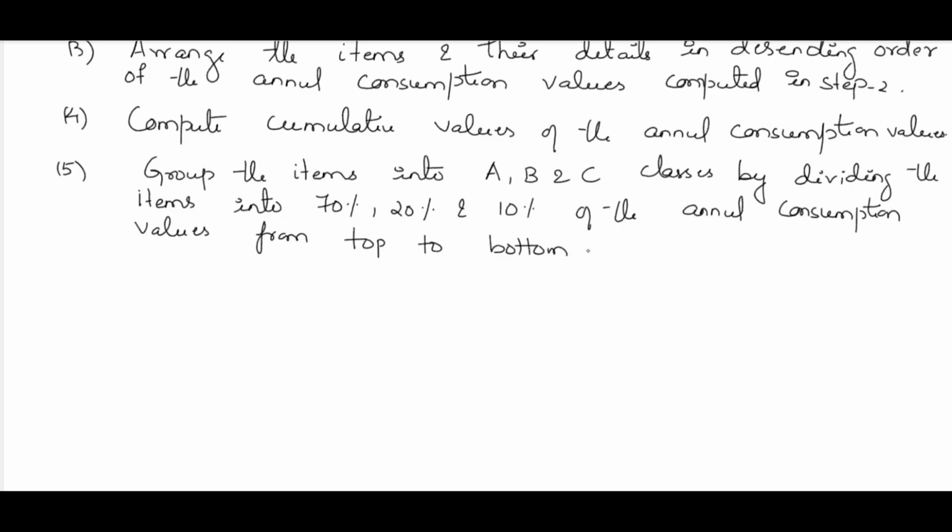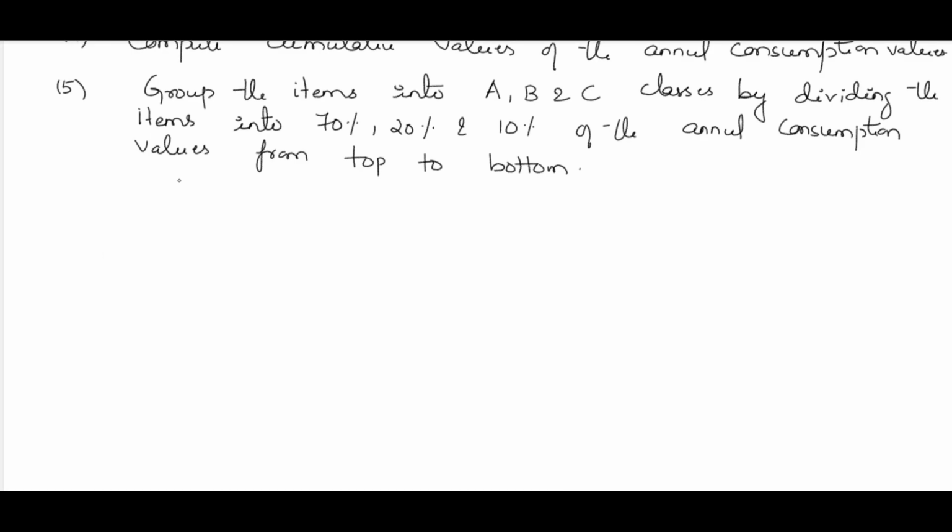So these are the steps. That means A item means 70% of annual consumption value, B item means 20% of items covering 20% of inventory, C items, the rest remaining, are the C category items.